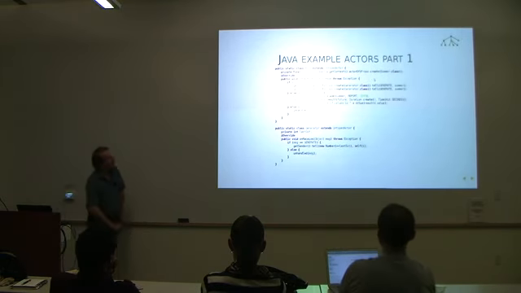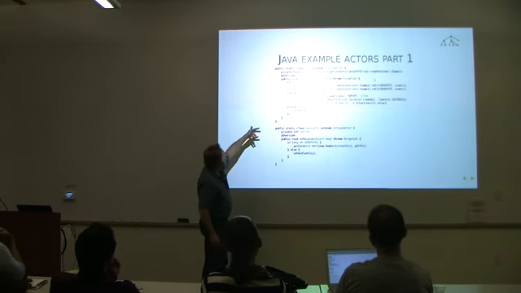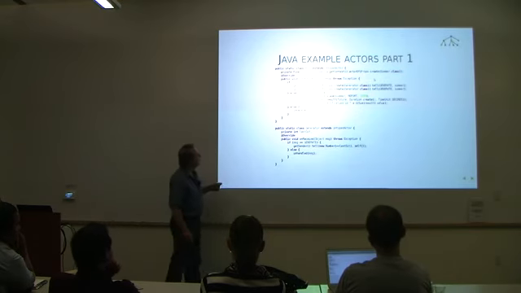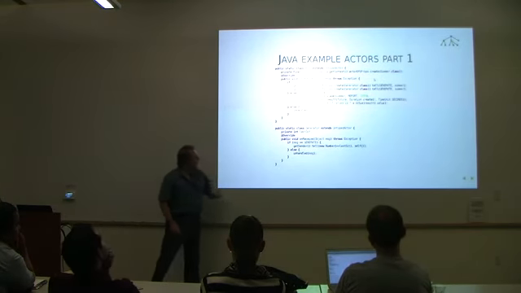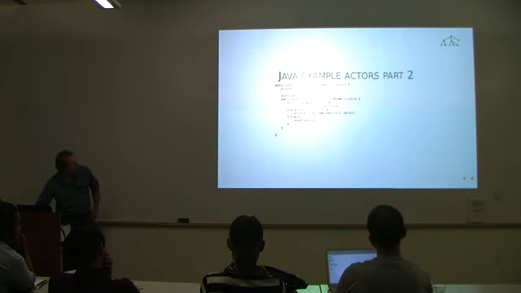Here's the first part of the Java actors. Have root extends untyped actor and all this stuff for messages. Actually, in this case, I've got a start and a stop message. I don't think I had that in the Scala code, so I do have a little bit more complexity here than in the case of the Scala one. I have a generator actor, and I have the actual summer actor.